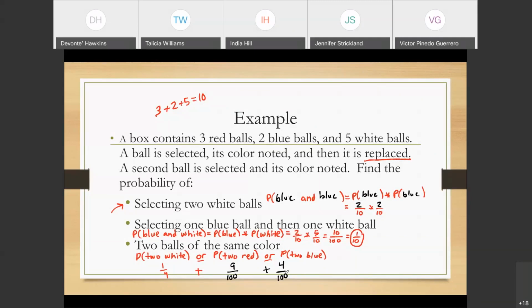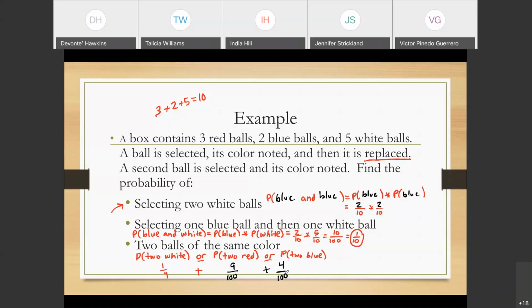Do you reduce that or keep it like that? It depends on how you're going to work it out. If you're going to just put it in your calculator, it doesn't really matter. So I think that's what I'm going to do. It is definitely easier if you're not using your calculator to have a common denominator. But I'm just going to type the whole thing into my calculator, and I don't have to use any parentheses.